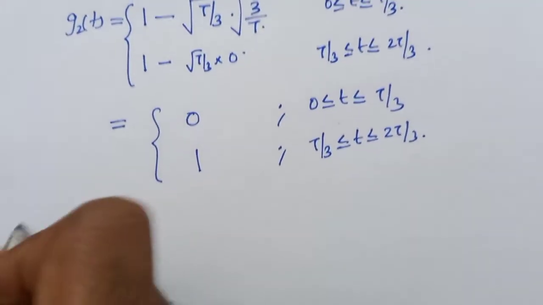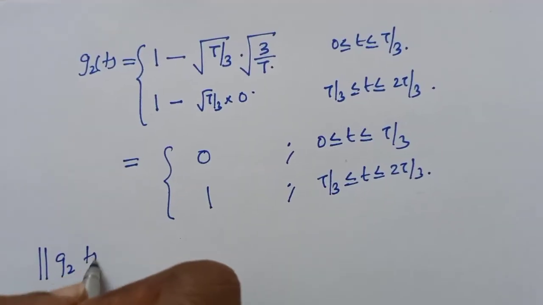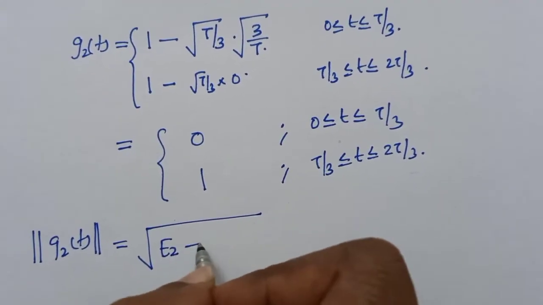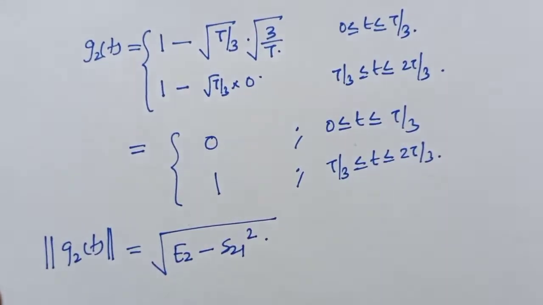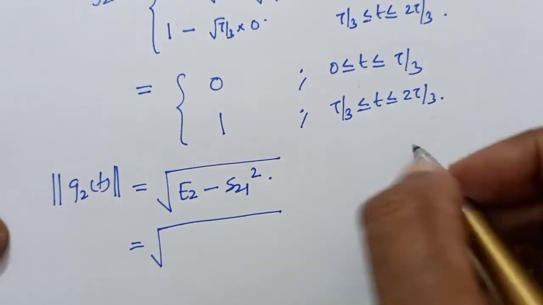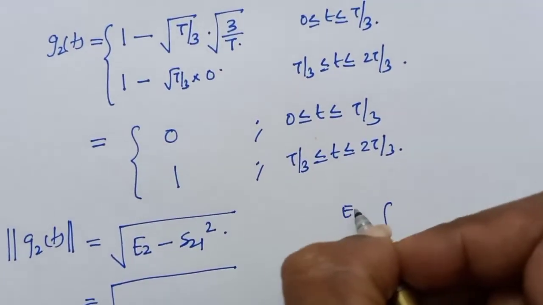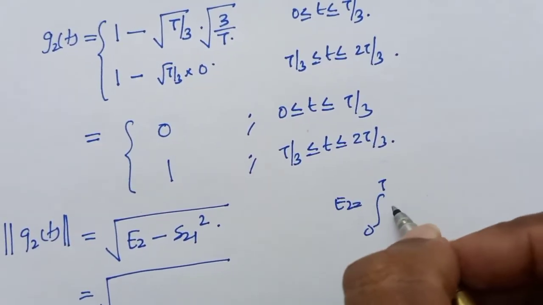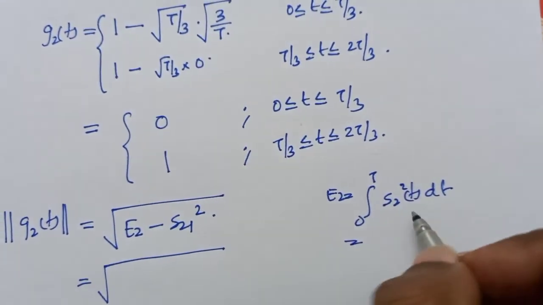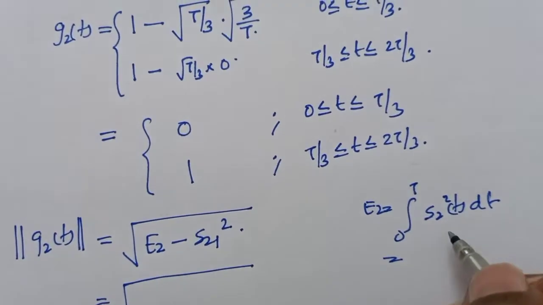Now, what is norm of G2(t)? Norm of G2(t) is root of E2 minus S21 square. So this will be equal to root of E2. What is E2? Integral 0 to t of S2 square (t) dt. We know that S2 ranges from 0 to 2t by 3.